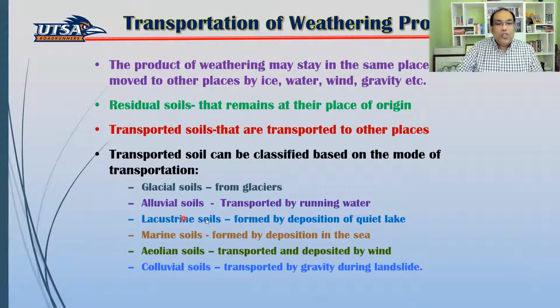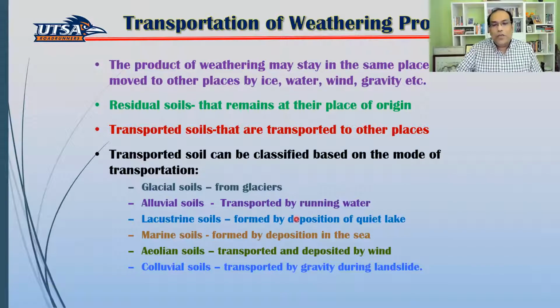Lacustrine soil is basically formed by deposition in a quiet lake. Water comes from every side to the lake, carrying a lot of soil particles. When the lake is very quiet, all the suspended particles will be sedimented. That's lacustrine soil.